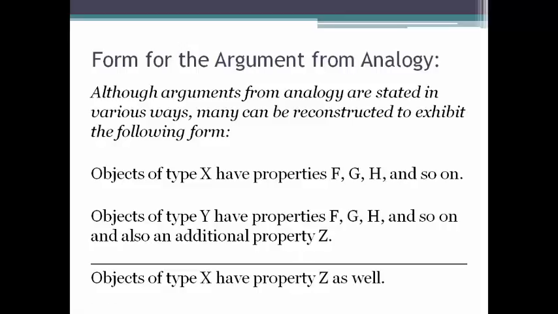So when Marion Diamond concluded that human females, type X, also probably had the property of being affected by birth control hormones in a certain sort of way, she was drawing an analogical conclusion based on the similarities between the female rats and female humans.